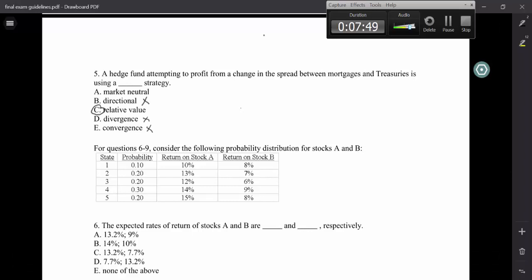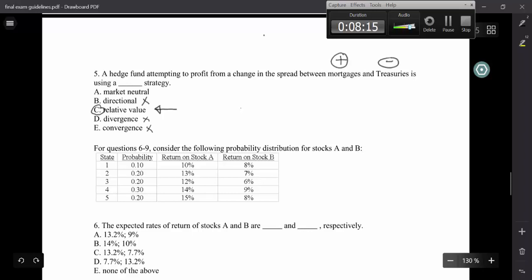You could argue this is a kind of market neutral strategy, but relative value actually has a stronger fixed income flavor to it. People understand relative value to mean you buy something that has a high yield, and then you short sell something that has a lower yield.